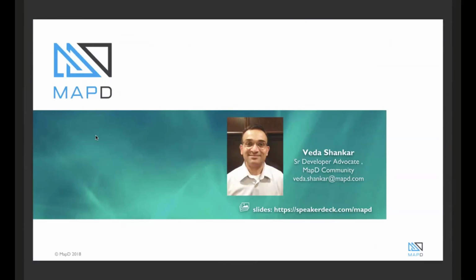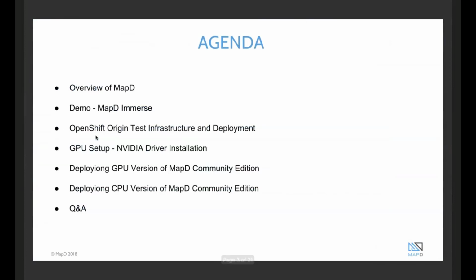So today, this is the agenda for the webinar. First, I'm going to cover MapD so that you get an overall overview of exactly what is MapD, how is it used. I'll also do a quick demo of one of our data sets, and I'll also show you how you can actually try the same data set at your home or office, and you can spin up your own cloud instance just to get familiar with MapD.